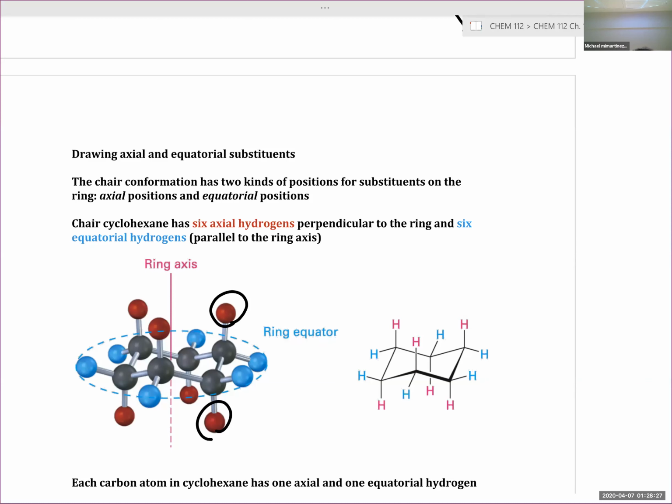Okay, so these hydrogens in red are known as the axial hydrogens because they're above and below the flat plane of our carbon ring.